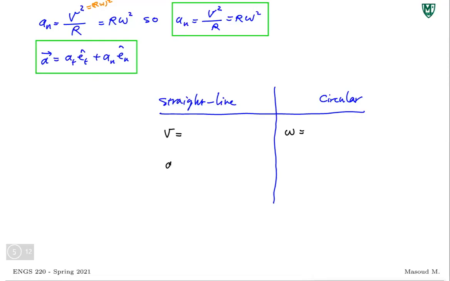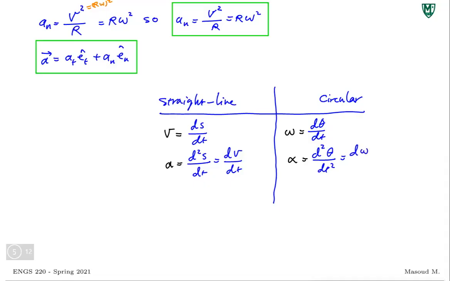We had acceleration, and here we have angular acceleration. There we said ds dt, here we say d theta dt. Over there it is the second derivative of displacement with respect to time, or the derivative of velocity with respect to time. Here we say the second derivative of theta with respect to time, or the derivative of omega with respect to time.